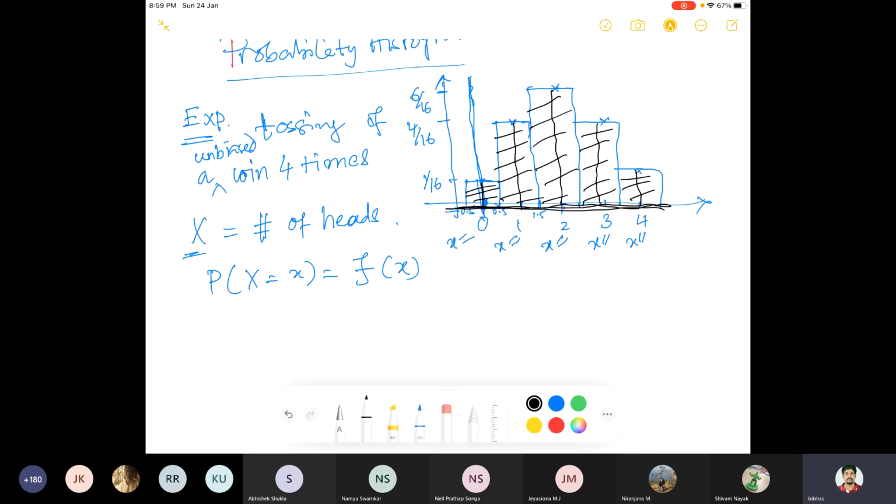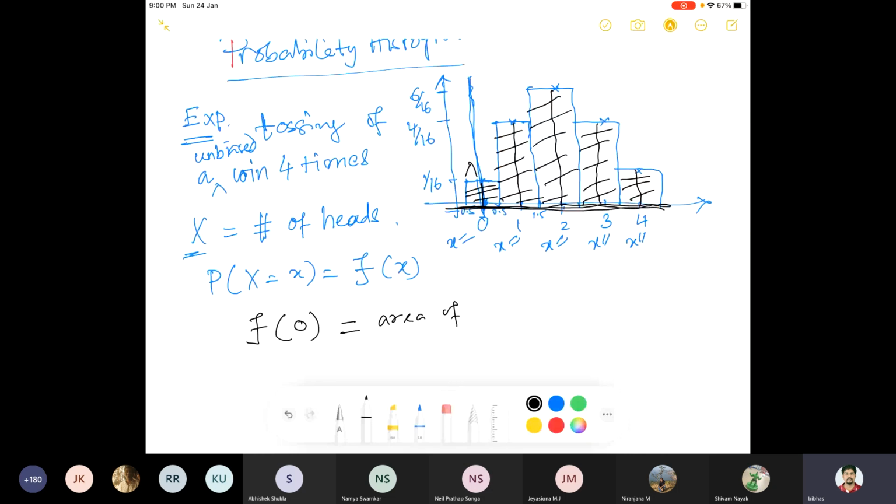In fact, the area of this rectangle is exactly the probability. Let's say if I take f equal to 0, that is f of 0, meaning small x equal to 0, it's nothing but the area of the rectangle.